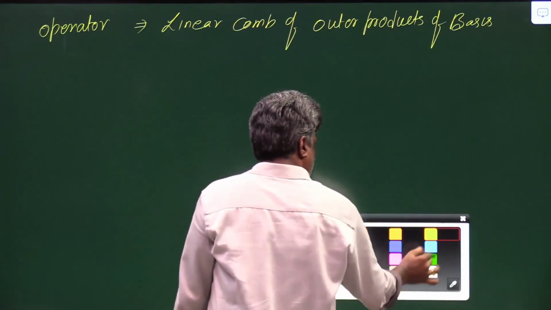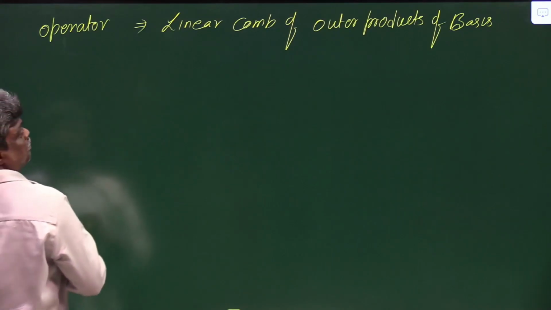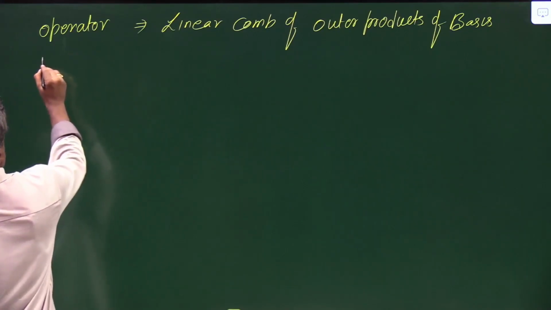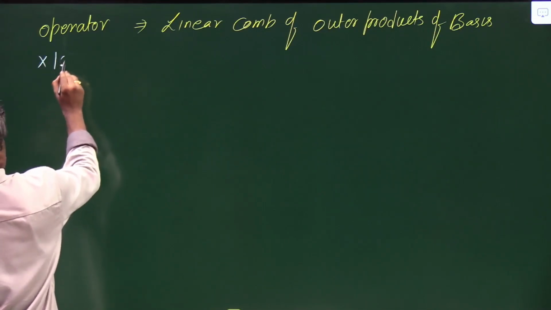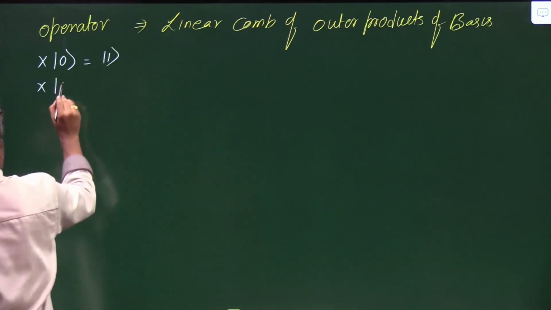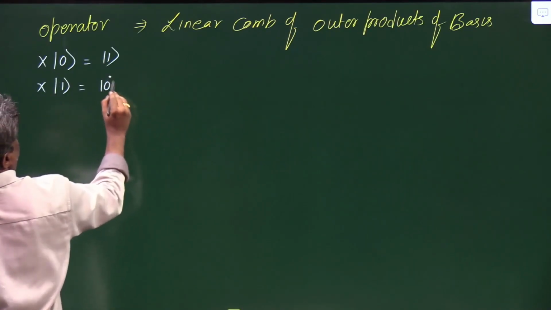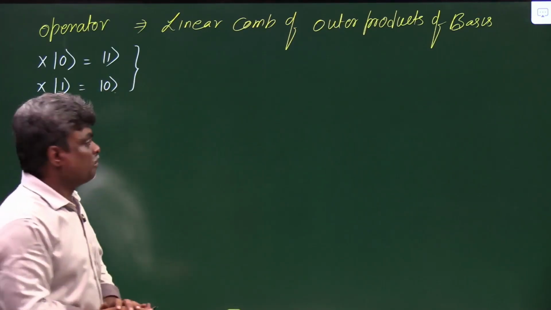So how can we write this? For example, I am taking the Pauli X matrix. If X operates on 0, we get 1, and X operates on 1, we get 0. So based on this operation, we can write the outer product form.